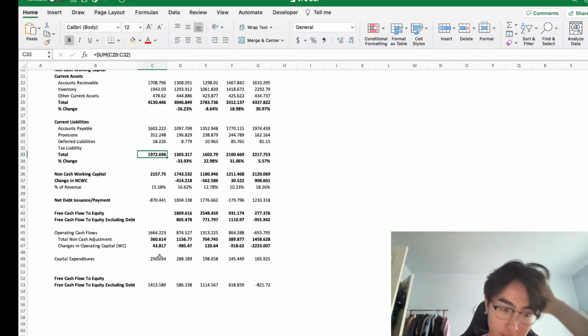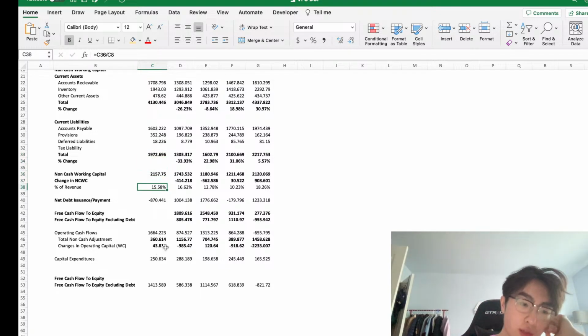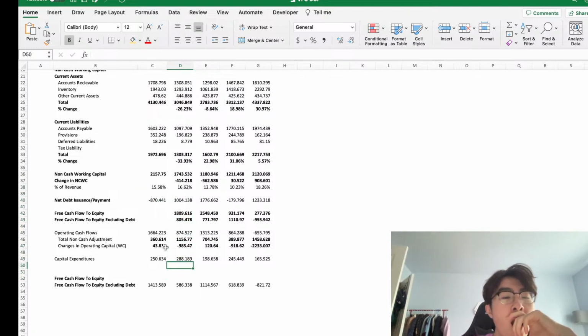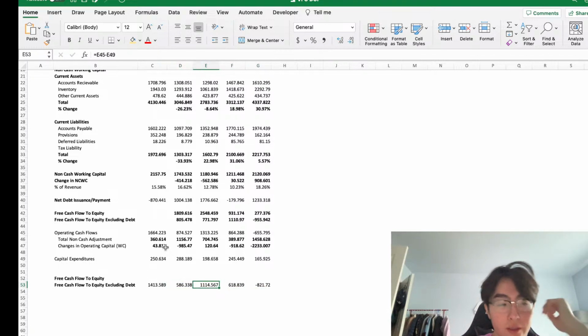But the problem here is that we have two different measures of cash flows and two different values that are not really close to each other.